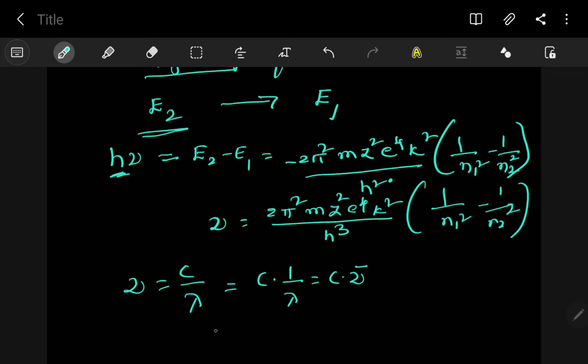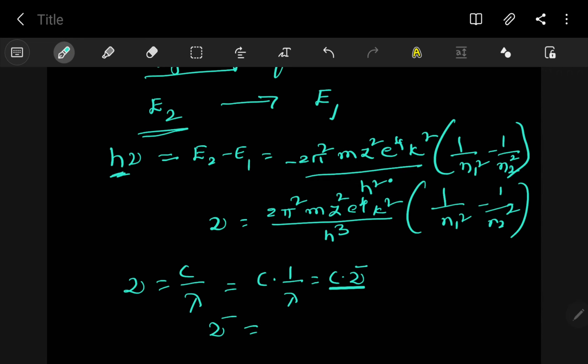So in place of nu we can write c into nu bar.